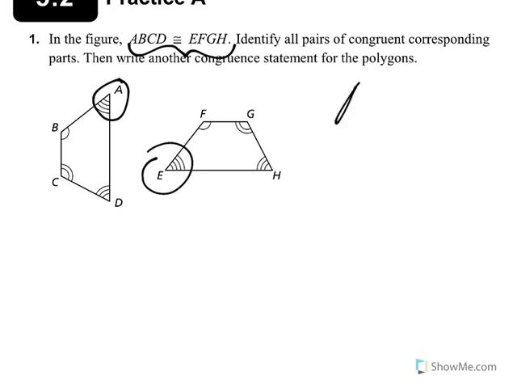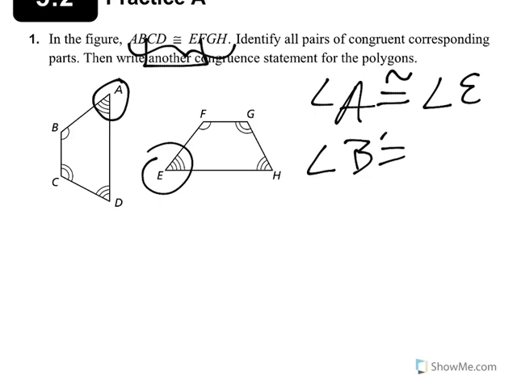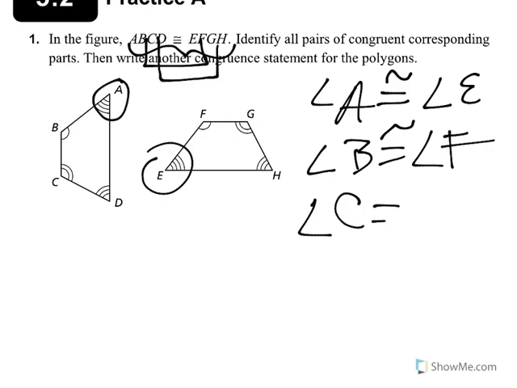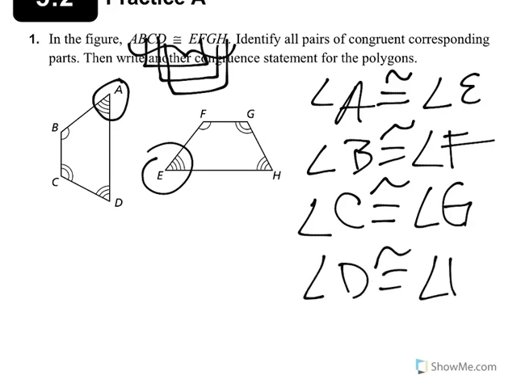Okay, so angle A is congruent to angle E. Second letters, angle B is congruent to angle F. Third letters go together, so angle C is congruent to angle G, and D goes with H. Angle D is congruent to angle H.